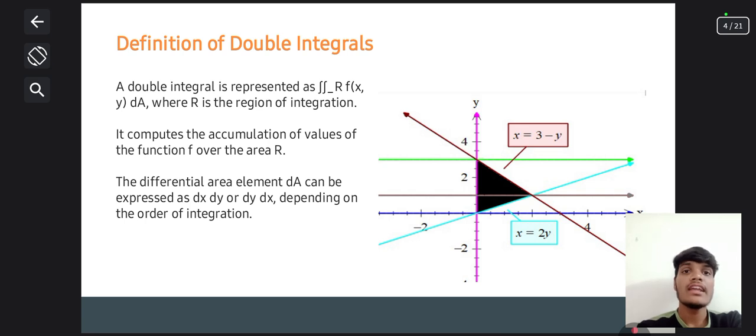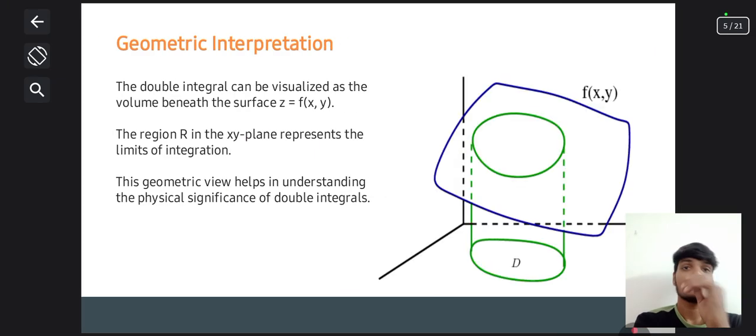The differential area element dA can be expressed as dx dy or dy dx, depending on the order of integration. When the order of integration is different, the differential is expressed differently, like dx dy or dy dx. It depends on the situation and the order of integration.